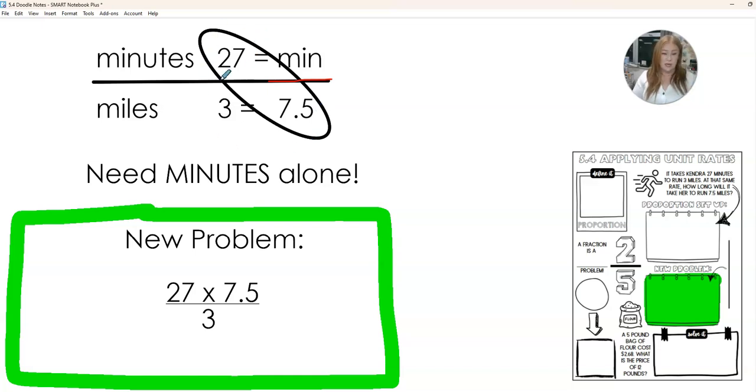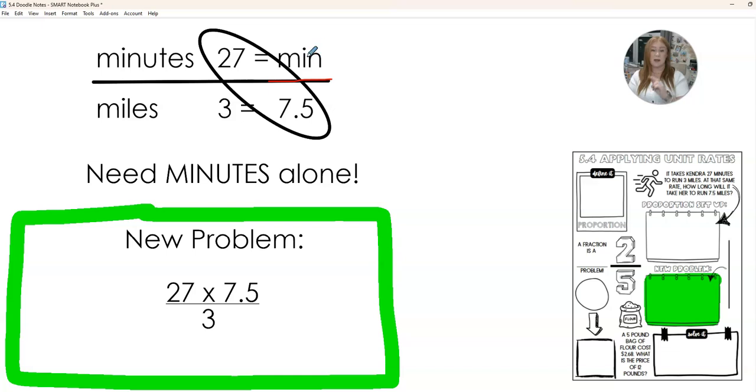We're going to crisscross, so circle 27 and 7.5 in our proportions, okay? So back in your proportions, circle those numbers. So instead of dividing, we're going to multiply them. So we're going to take 27 and times it by 7.5. Then we'll divide it by 3. So our new problem is 27 times 7.5.